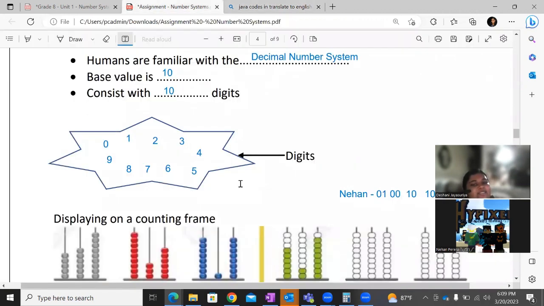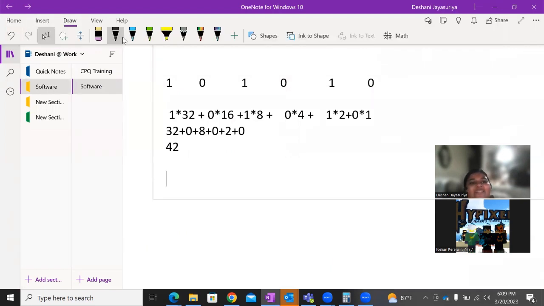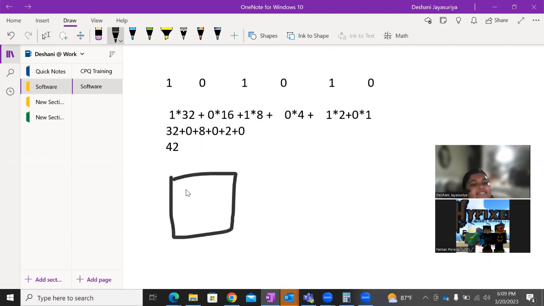Let me just show it to you. Just draw it. Say I'm adding some code which is in source code.